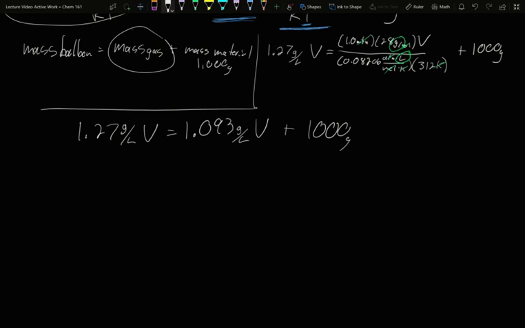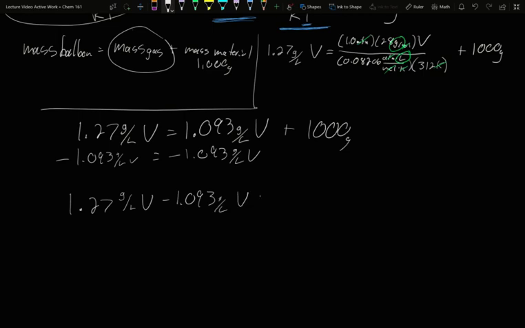I need volume on its own, so I need to rearrange. Subtract 1.093 grams per liter times volume from both sides. What we'll end up with is 1.27 grams per liter V minus 1.093 grams per liter V is equal to 1,000 grams. I can pull volume out of both of these.